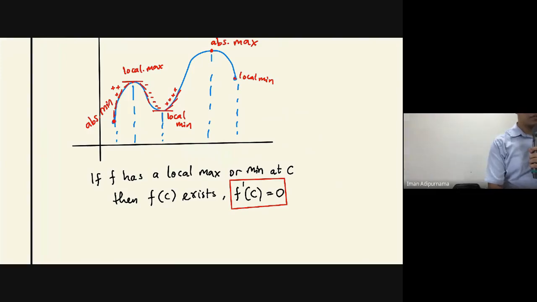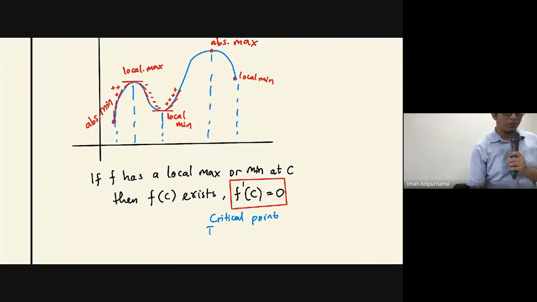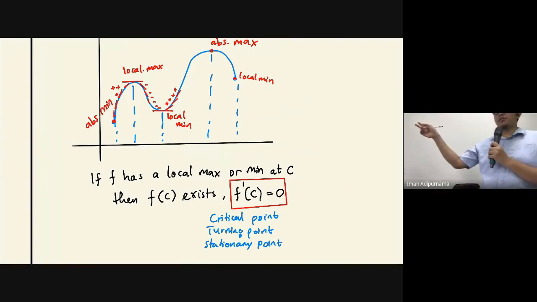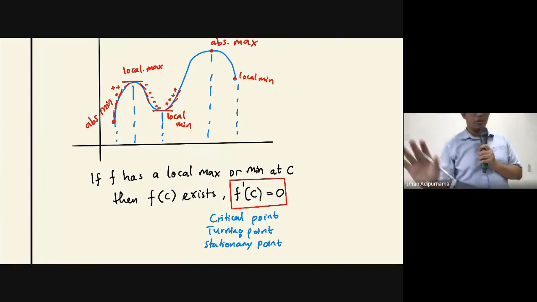This is what we called in last week's discussion our critical point or number. We can also call it a turning point or a stationary point. So at the exact 0, f prime is our critical number.